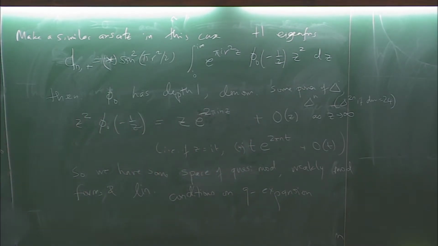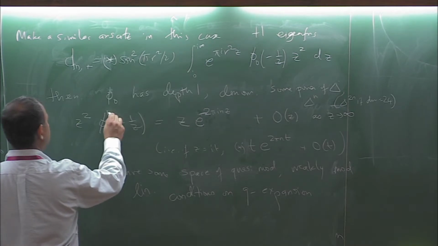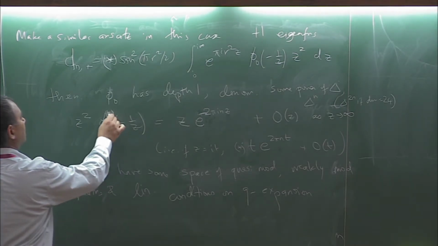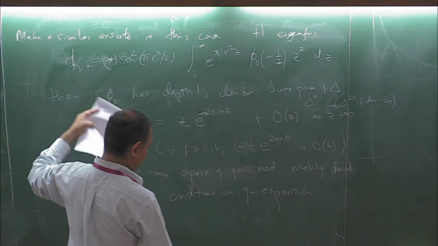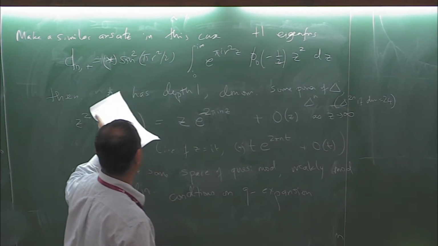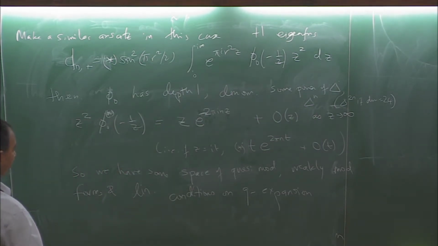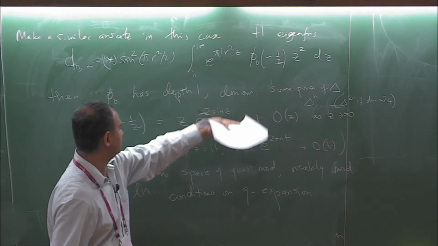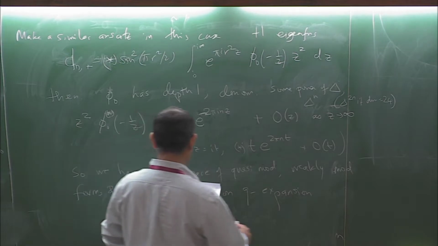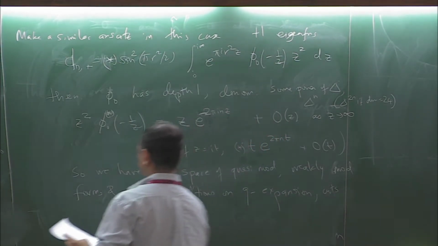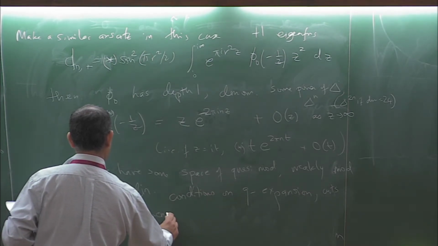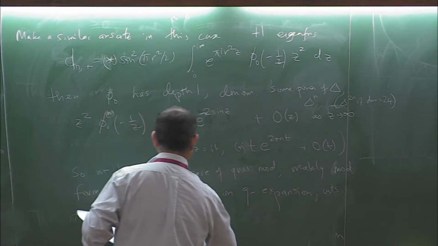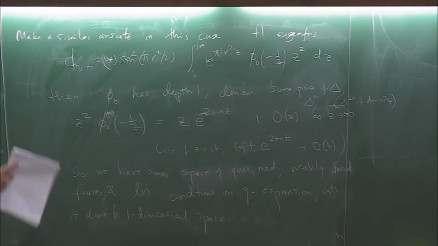I should say this is dependent on n; every n has its own phi 0. There's some space of quasi-modular forms that you get by considering depth 1 and delta to the n in the denominator. You impose a whole bunch of linear conditions on the Q expansion, and it cuts it down to a one-dimensional space. And then you can just solve for phi 0, and its integral is going to give d n plus.